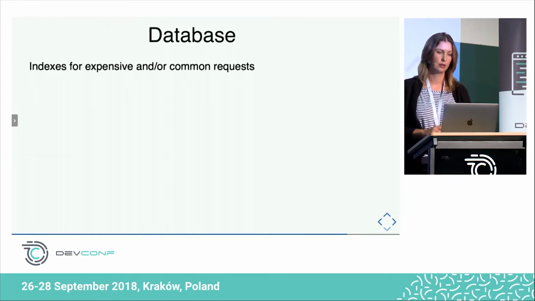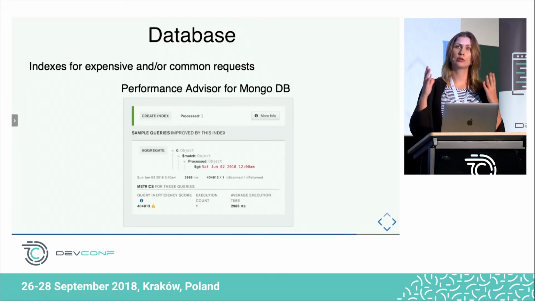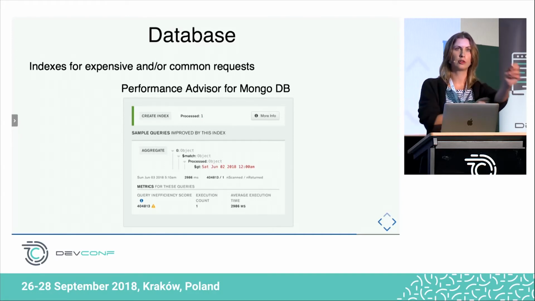And the database. Anyone ever used indexes for databases? Great. That's awesome. Because you should use indexes wherever it's necessary, and there are tools for that. So you don't need to think about your bottlenecks. There are tools that will do it for you.